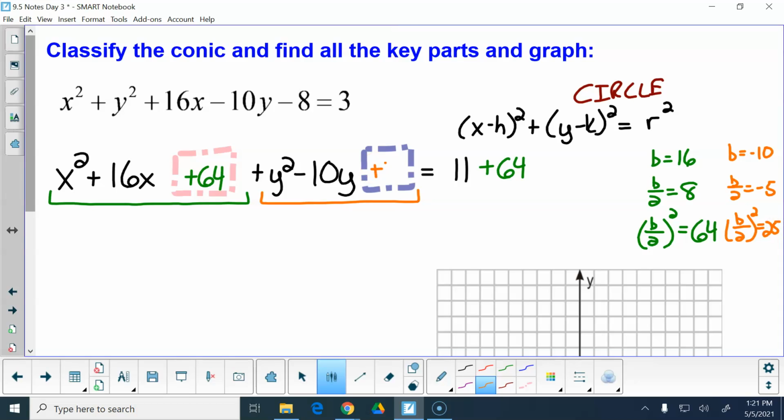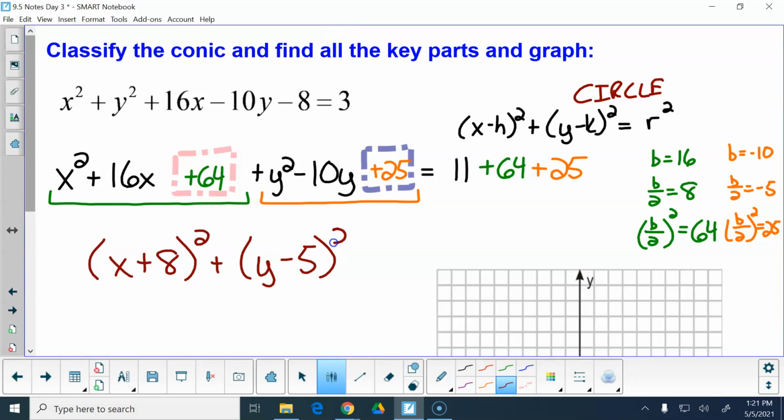Fill the box with 25. The left one, the green one, becomes x plus 8 quantity squared. The orange one becomes y minus 5 quantity squared. 11 plus 64 is 75. Plus 25 is 100.